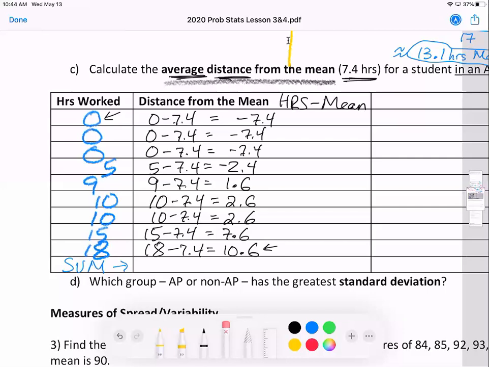And now when we add those, calculate, add a bunch of numbers, we get this number.